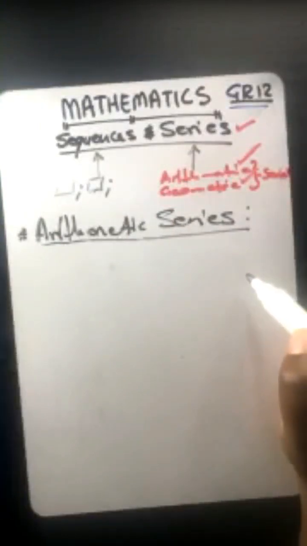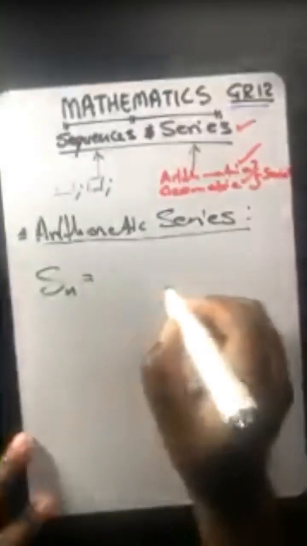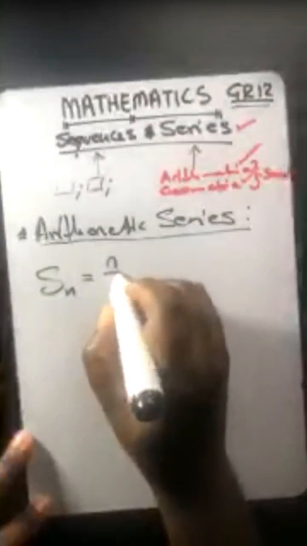I can promise you now, Bagiti, there's nothing difficult about arithmetic series. You just need to know the formula and you'll be given almost everything and you just calculate one unknown. This is how the formula looks like. It's Sn, remember, the sum of n terms, equals n over 2.